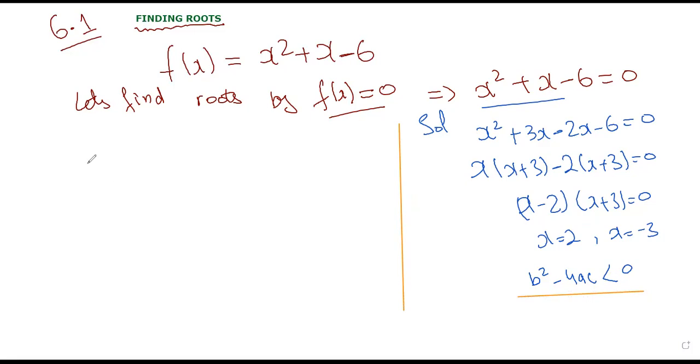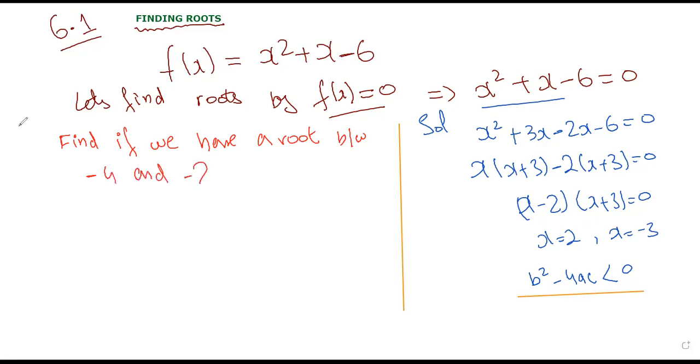That logic is that what if I ask you to tell me, okay, so it is fine if we have a root between minus 4 and minus 2.